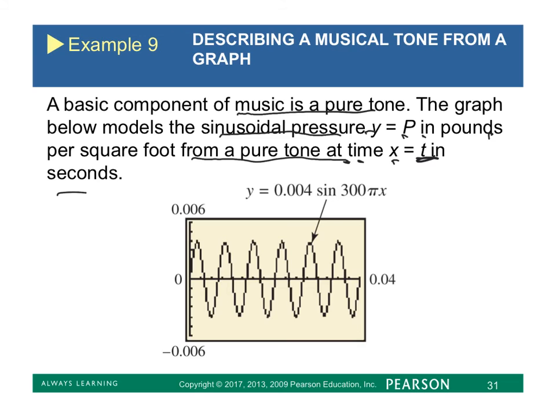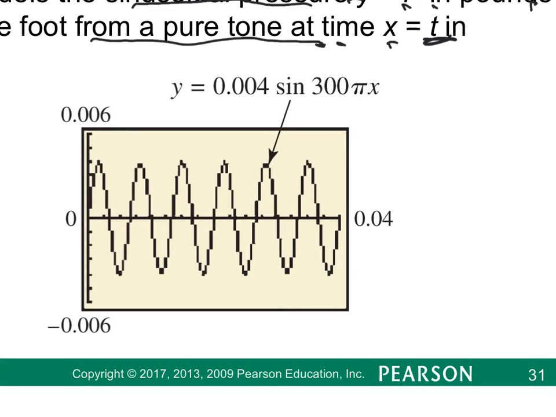So we got this sinusoid that's been traveling, and it looks like it's traveled for 0.04 seconds. And we can tell that the amplitude of this sinusoid is 0.004. So the height is 0.004. And he said it's sine, so here we go. We're starting here.